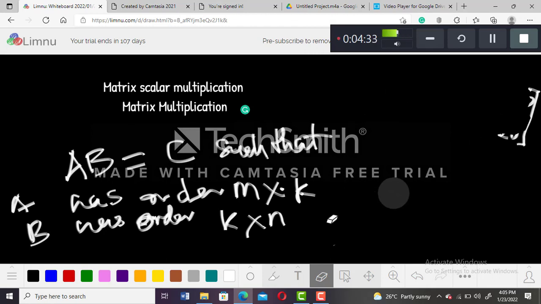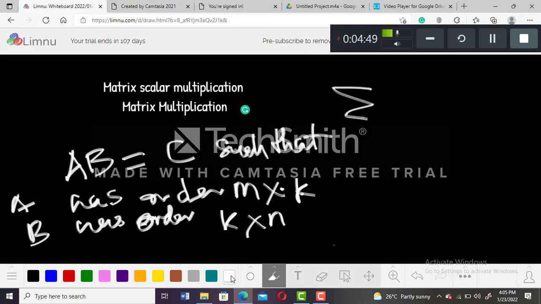If we use summation, we will simply have the summation from p equals 1 to K of a_ip times b_pj, and this will be equal to c_ij.